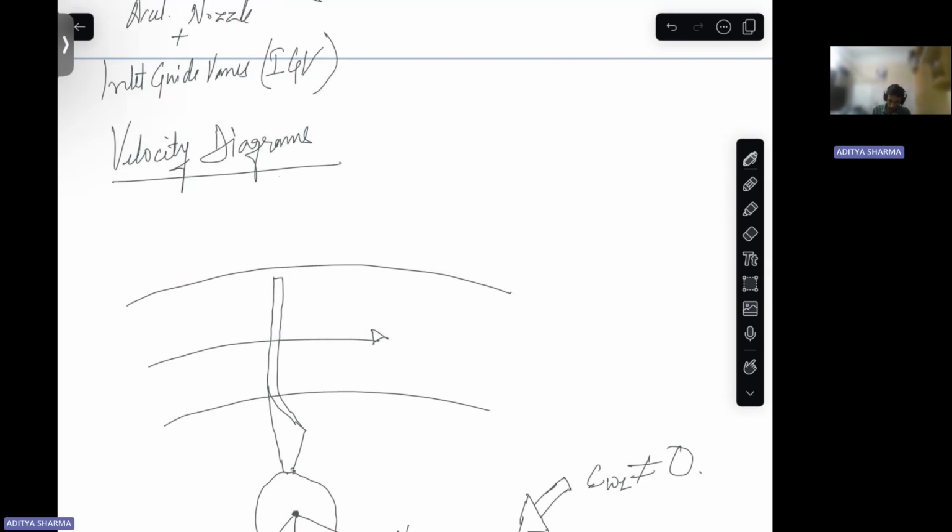Now the outlet of your fluid will be in radial direction. Please imagine what the radial direction is. Perpendicular to your shaft. If this is the shaft, then it will be in this direction.